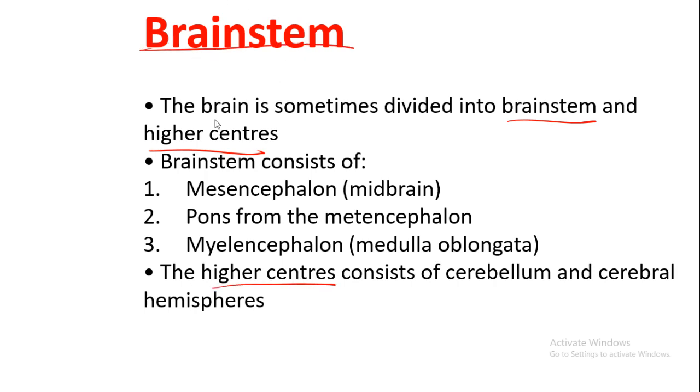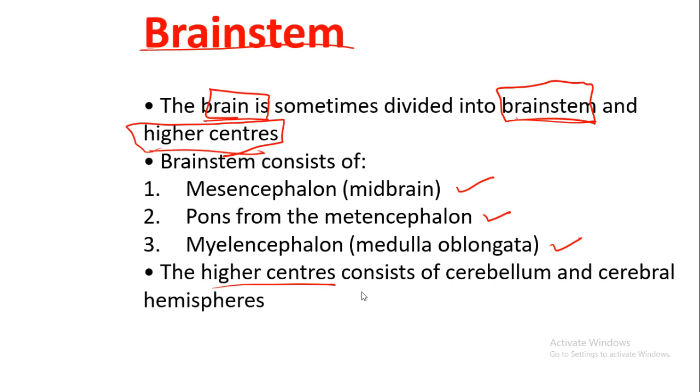Remember, when the brain is divided into two, it can be divided into the brainstem and the what? And the higher center. So the brainstem alone is made up of the pons of the metencephalon. Then we have the midbrain, which is mesencephalon, and also the medulla oblongata of the myelencephalon.